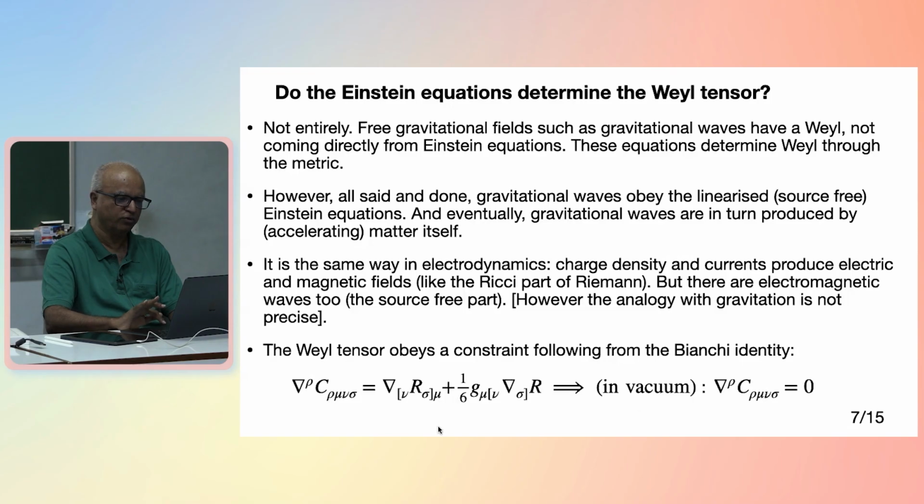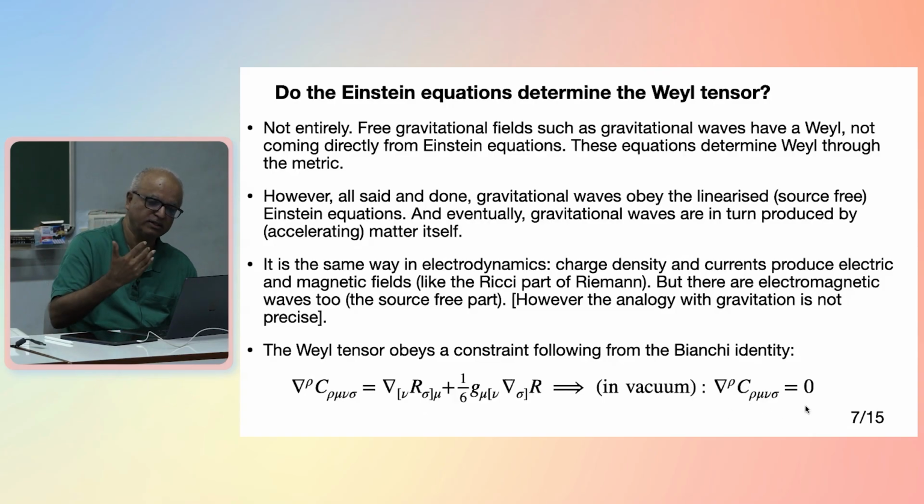And in vacuum, where the Ricci tensor is 0, the Weyl tensor obeys this wave equation, a constraint on the wave equation. That is like a constraint on gravitational waves. Gravitational waves will have a Weyl, and that Weyl will obey this equation.